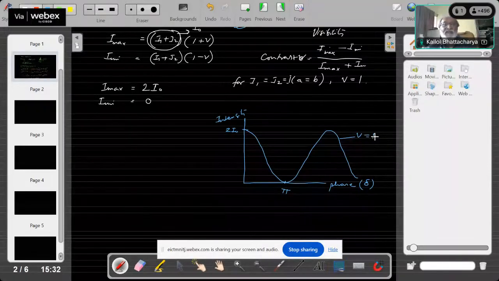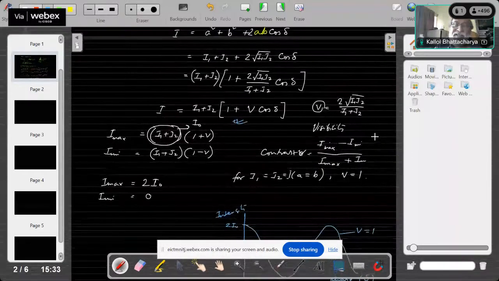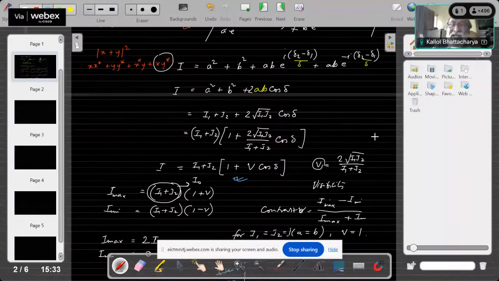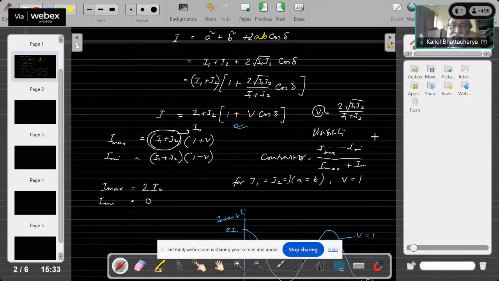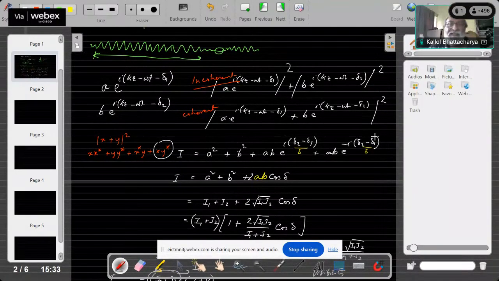What happens when, before that, in case of incoherent superposition, that is the case when the two beams are not coherent between themselves, the result is simply, as we have seen, I1 plus I2. When they are not coherent, this square will give you a square, this square will give you b square. If the two beams are of the same amplitude, then you have simply I naught, which is a square plus b square.